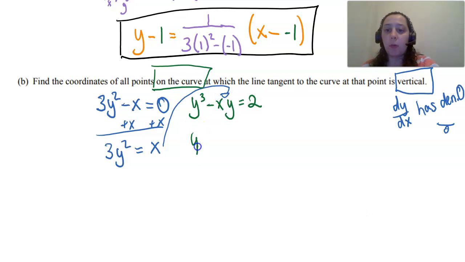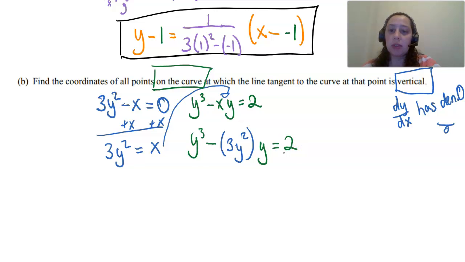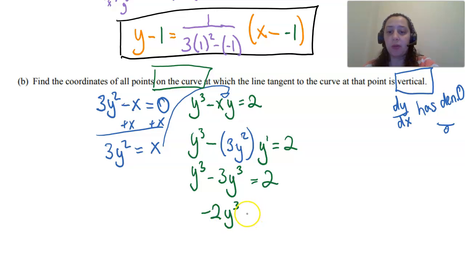So I'm going to get y to the 3 minus, and instead of x, I'm going to put 3y squared times y equals 2. So let me simplify this a little bit. y cubed minus 3y squared times y. If I have y squared times y to the 1, we add our exponents, so we get y to the 3. 1y to the 3 minus 3y to the 3 gives me negative 2y to the 3. They're like terms, I can add them.